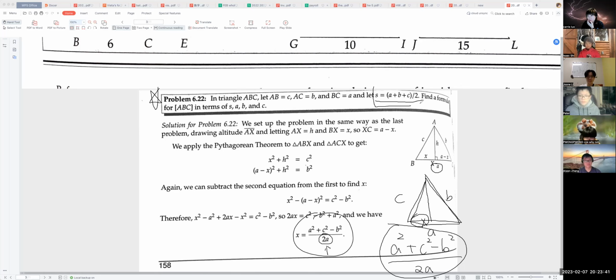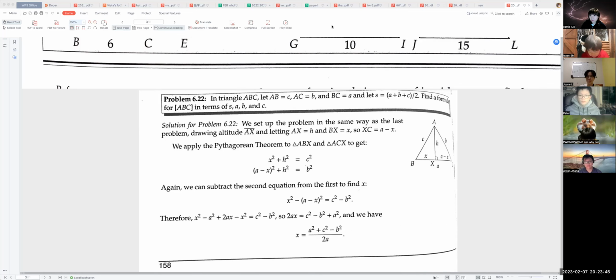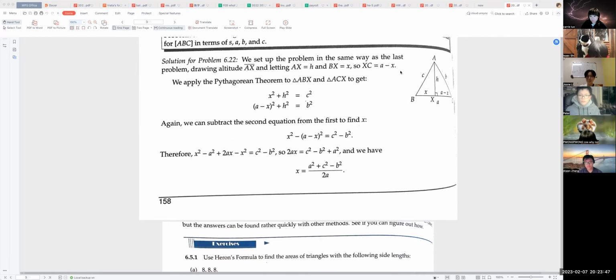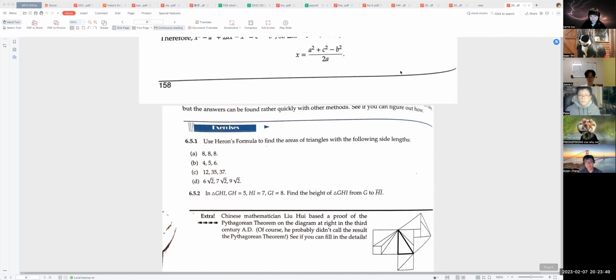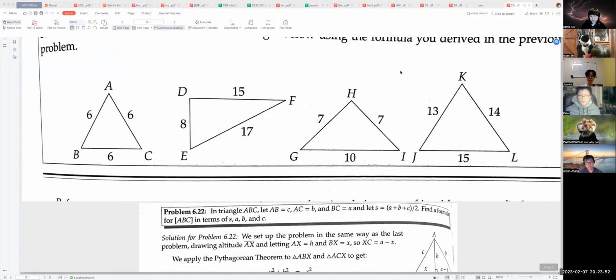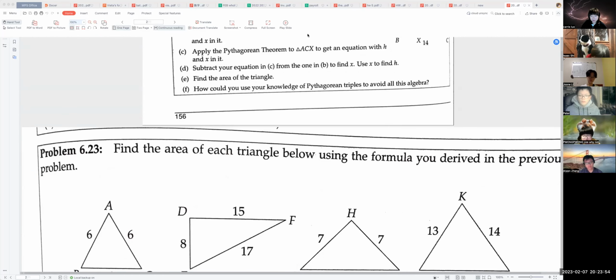So this S is very important because just like Austin said, it's related to the Heron formula. So I'm going to write down the Heron formula and H here for you, okay?